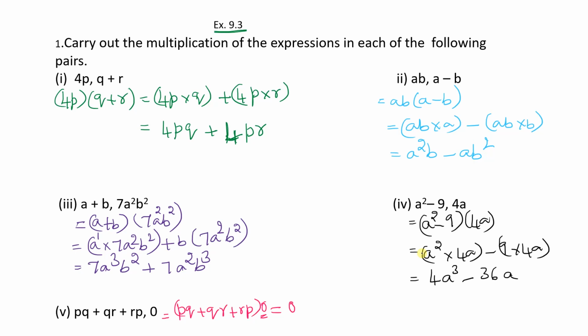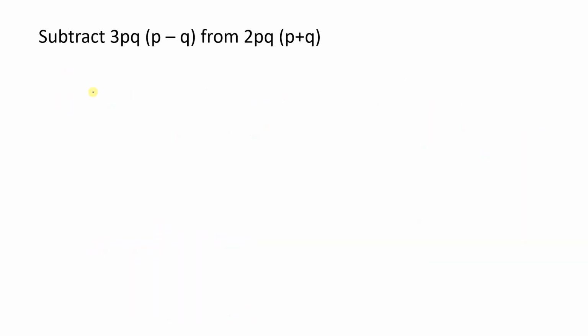Next step. Subtract 3pq into p minus q from 2pq into p plus q. First you simplify each term and then subtract.